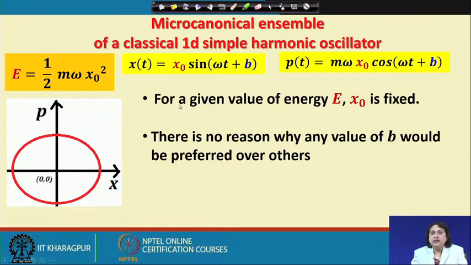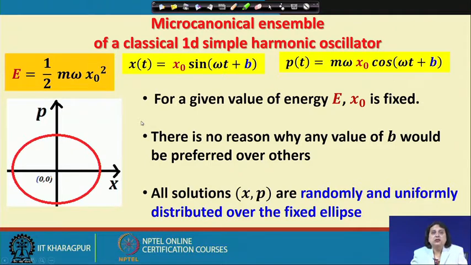As a result, as you see, there is no bias in any of these solutions regarding where your solution x(t), p(t) is, or in other words, I would say that all solutions x, p of the equation of motion are randomly and uniformly distributed over the fixed ellipse, which has been shown using this red curve in the two-dimensional phase space of this simple harmonic oscillator.